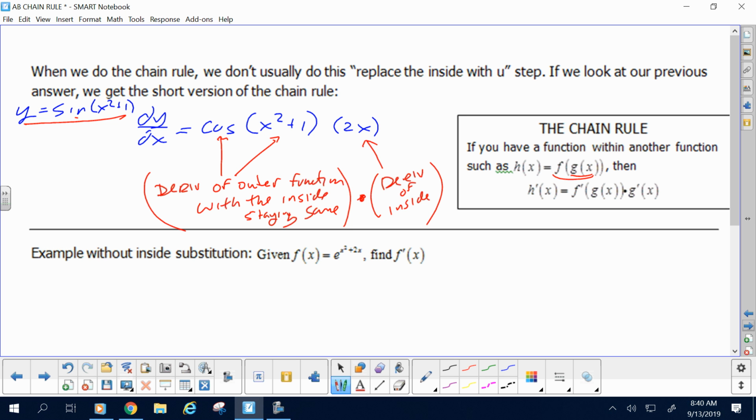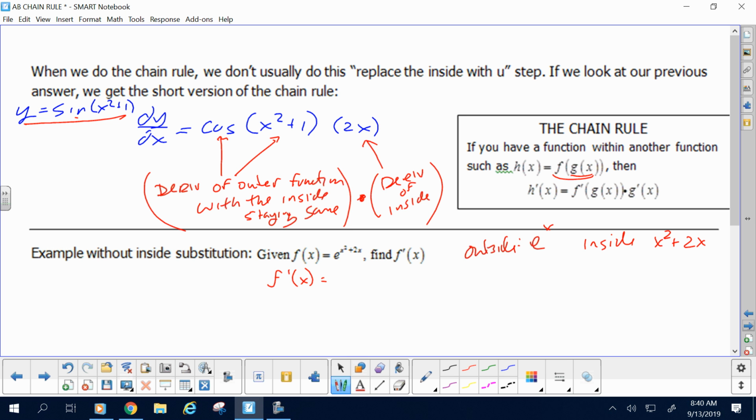So if I take the derivative of this, let's first understand what's outside and what's inside. What's the outside function? The outside is the e to the x, yeah? And what's the inside? X squared plus 2x. So when I say we're going to take the derivative of the outside, it's the derivative of the e to the function.